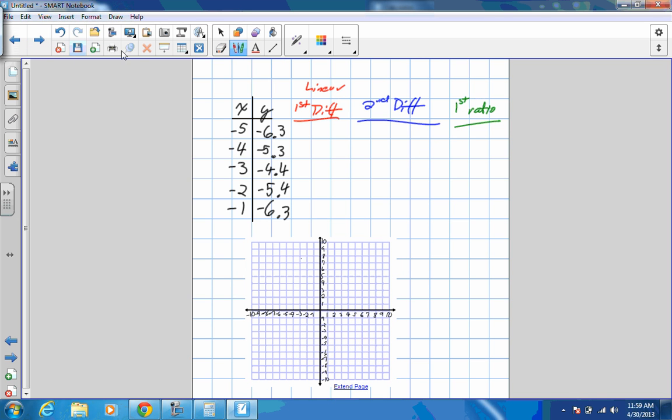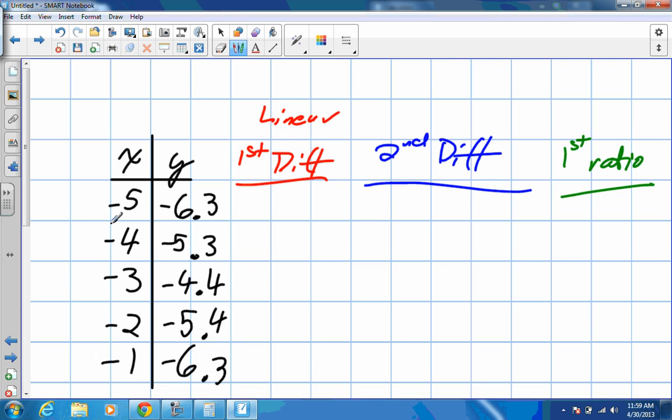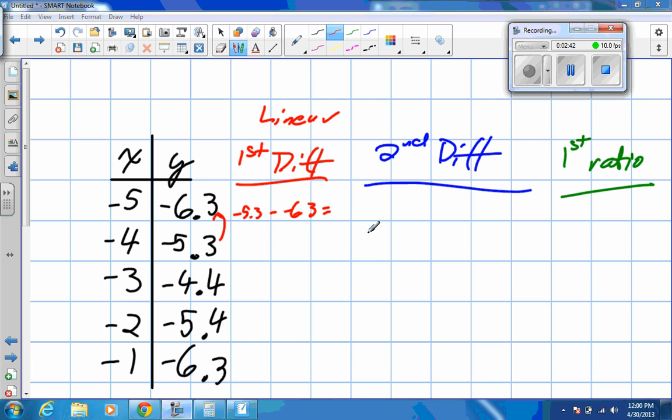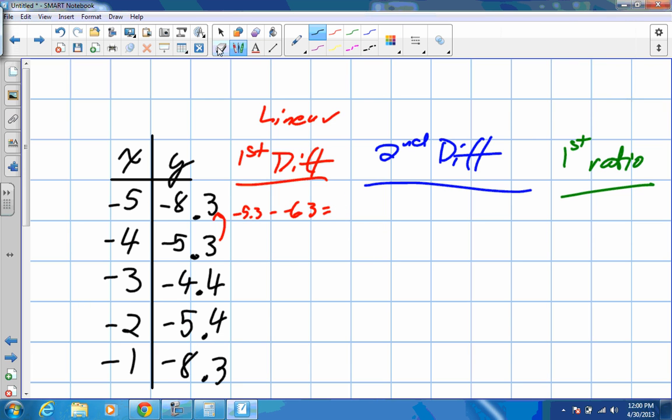Let's go to our next example. We're going to do the same thing. We start with our first differences. So negative 5.3 subtract negative 6.3, and that should give us 1. I apologize, I just switched something very quickly so that this does work for what I wanted to do.